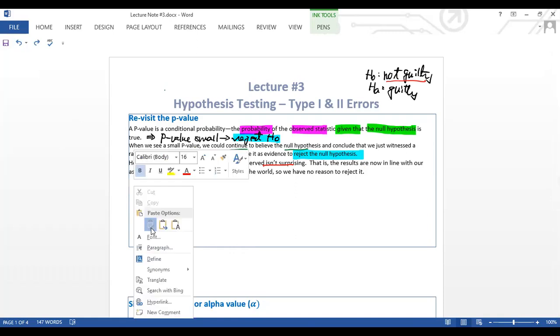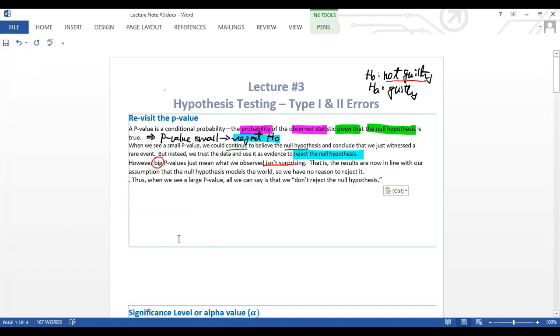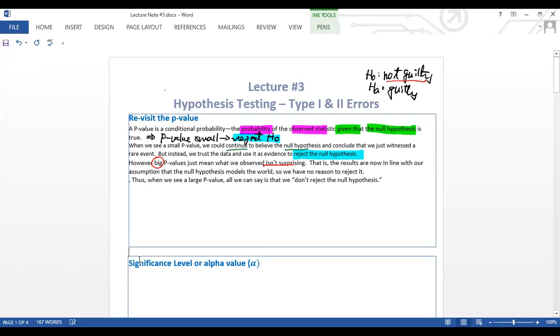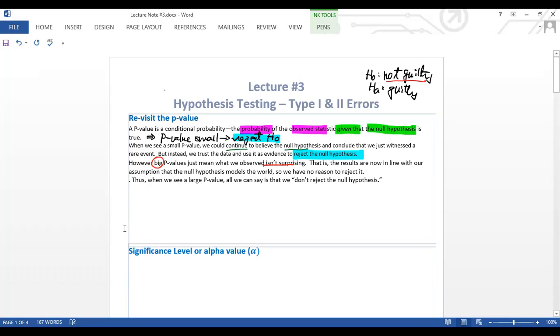This is important when we try to write the conclusions, okay? So if you see large values, right?